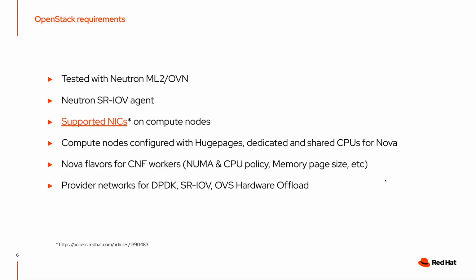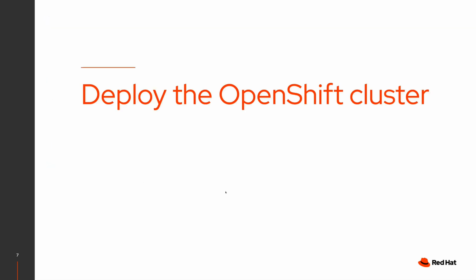You can specify NUMA and CPU policy, but also memory page size, etc. And finally, the compute nodes have to be plugged onto the provider networks for DPDK or SRIOV or OVS hardware offload. Okay, so let's jump into the demo.